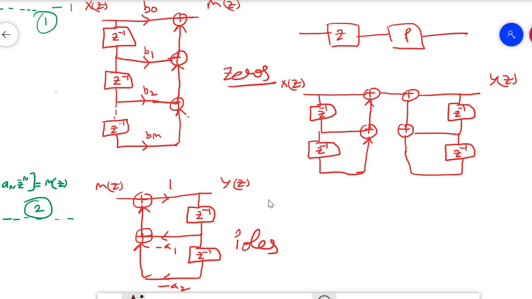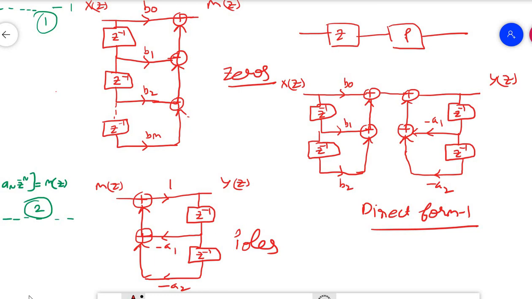Now the values are b0, b1, b2, and this is minus a1, minus a2. Now this is in the feedback form, and in the function it is in the denominator part, so the denominator always shows the feedback concept. This is the realization of direct form 1, correct. Now next is direct form 2.